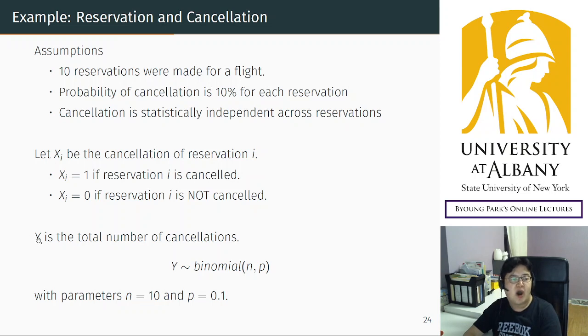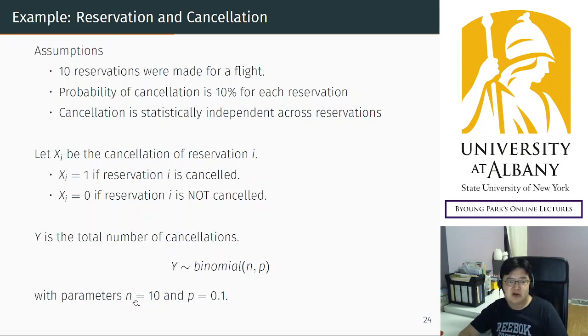And then y is the total number of cancellations out of these 10 reservations, right? So there are 10 reservations and y is the number of cancellations. Then it follows that if these assumptions are satisfied, this y variable follows a binomial distribution with parameters n and p.